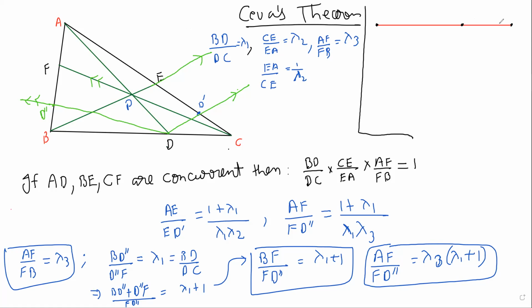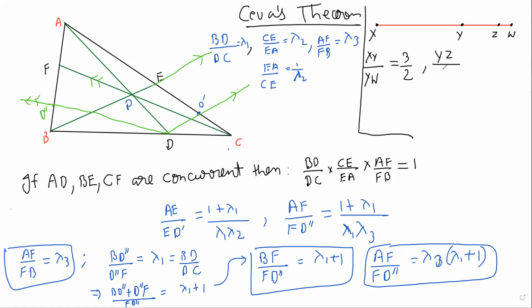So the situation is that you have 4 points. Let's say there is x, y, z, w, because I want you to understand this in general. Suppose you know that xy by yw is 3 by 2, and yw is further divided by z.